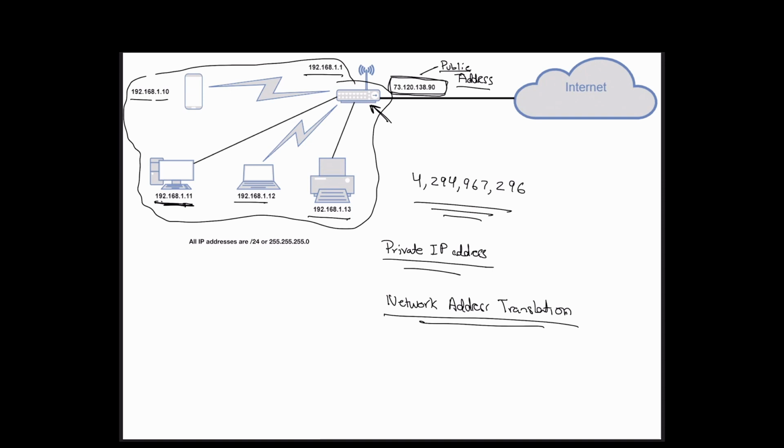Before it sends that information, it's going to translate your private IP address to this public one and then send that data out to the internet. And the YouTube servers, when they see your request coming in, won't see that private IP address. What they'll see is that public IP address as the source.